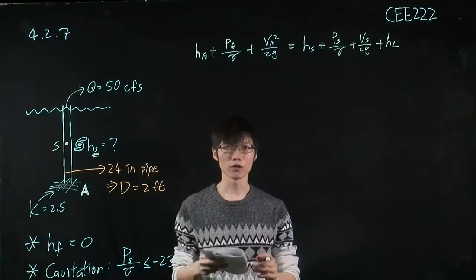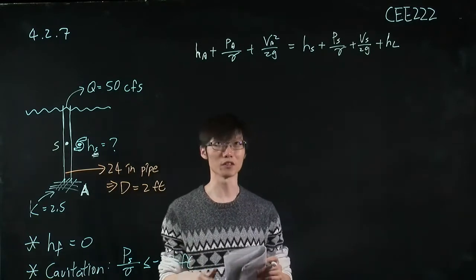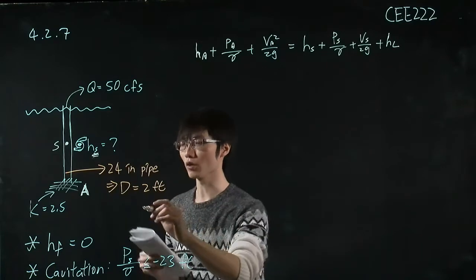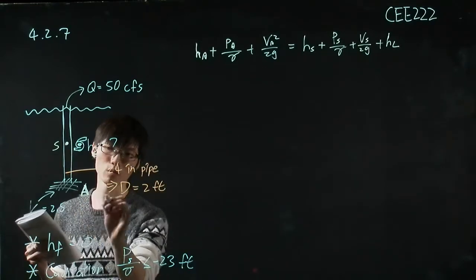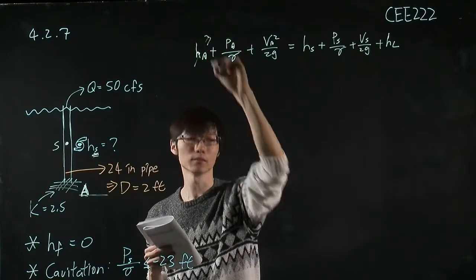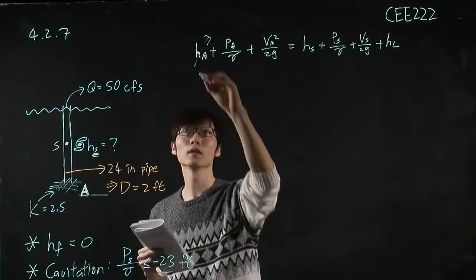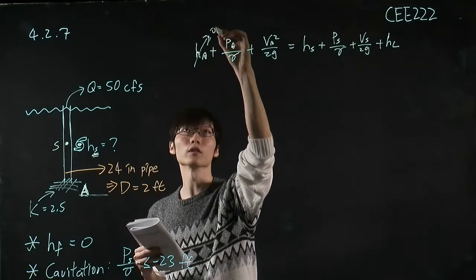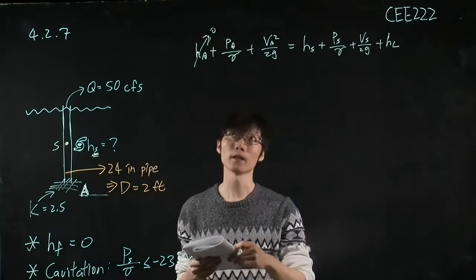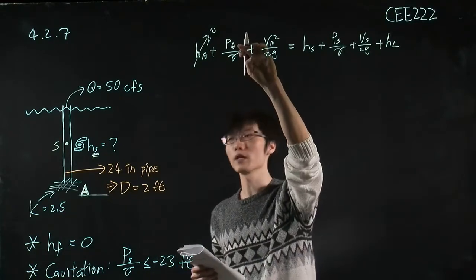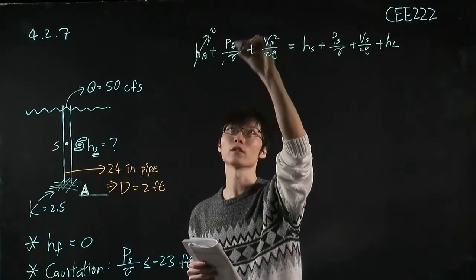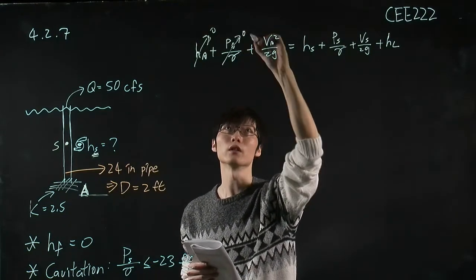Okay, so as we do this many times, let's try to simplify this, because we can choose these A points as our datum, which means this term will equal to 0, right? And PA, because the A point is already outside of a pipe, so this PA term is also equal to 0.